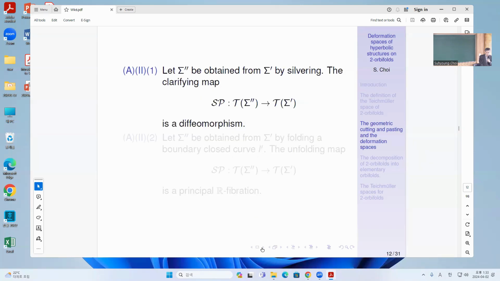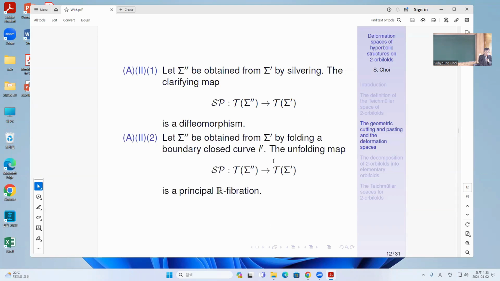And then for silvering, again this is a unique construction, so this is again a diffeomorphism. And then folding along some boundary cross curve, so you have fixed points, this is of course a principal R fibration, because there's an R amount of choices involved here.